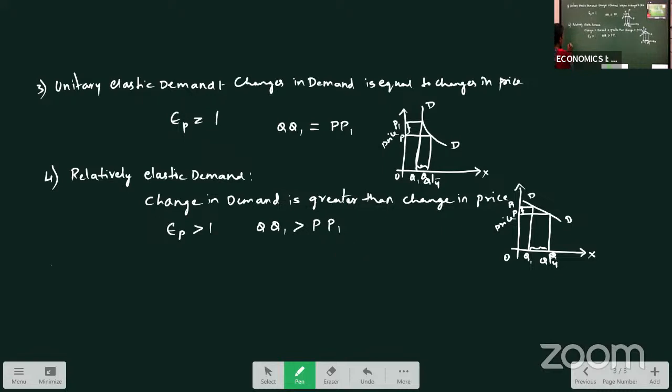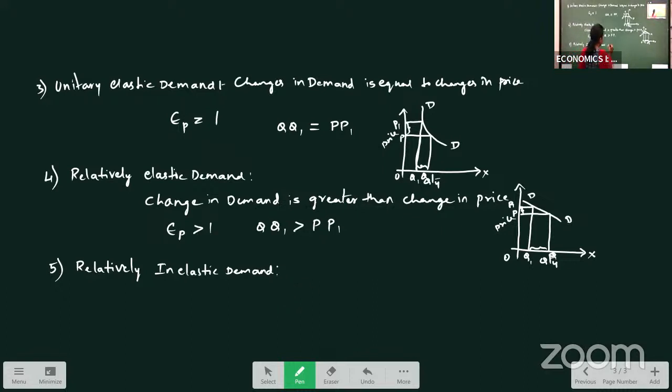Now, the last type of elasticity is relatively inelastic demand. Inelastic, I'm saying, means demand changes will be less. When I say relatively, both price and demand will change, but demand changes will be less than price changes.